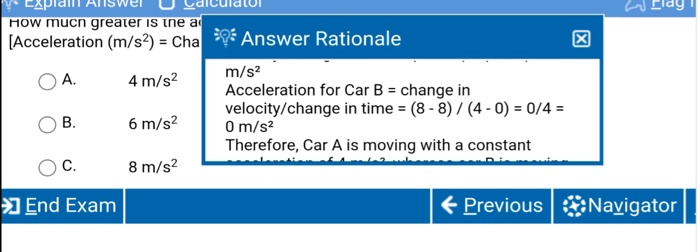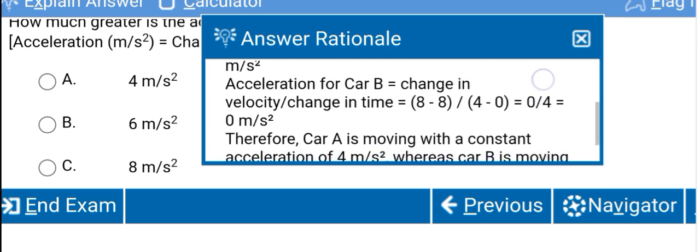So acceleration for car B equals change in velocity divided by change in time, equals 8 minus 8 divided by 4 minus 0, equals 0 by 4, equals 0 meter per second squares.